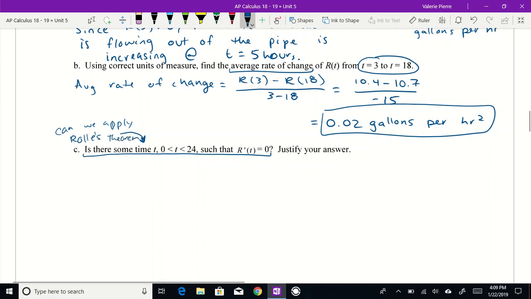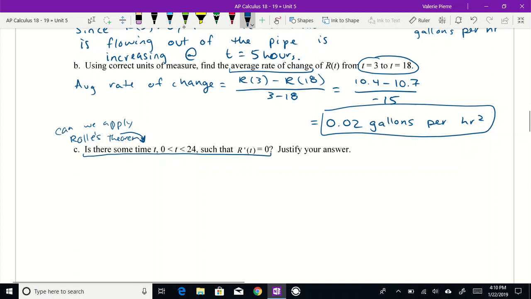Right, so we're looking for some value within an interval such that the derivative at that value is equal to 0. That is Rolle's theorem. So in order to apply Rolle's theorem, we have to make sure that our function is continuous on the interval and differentiable on the interval.